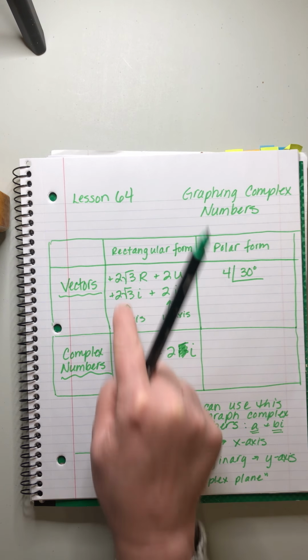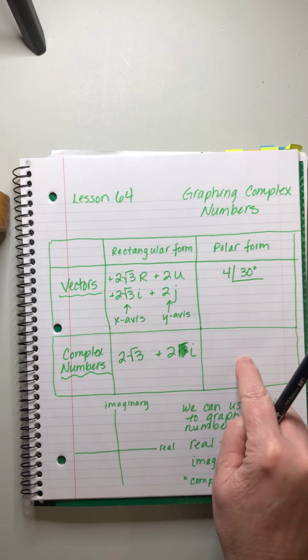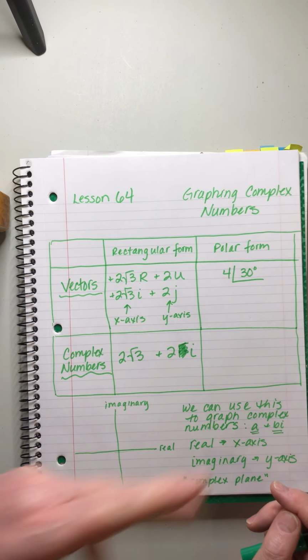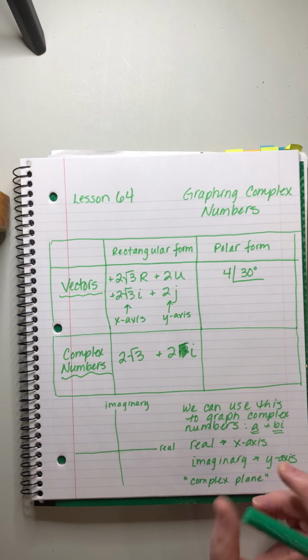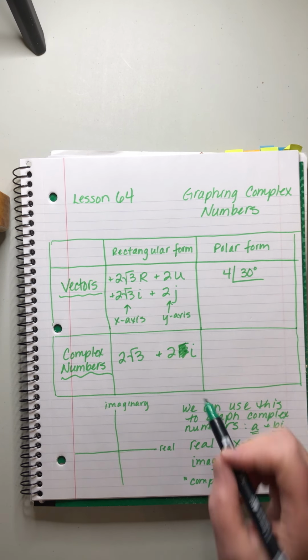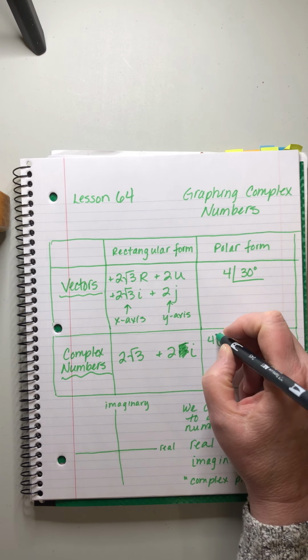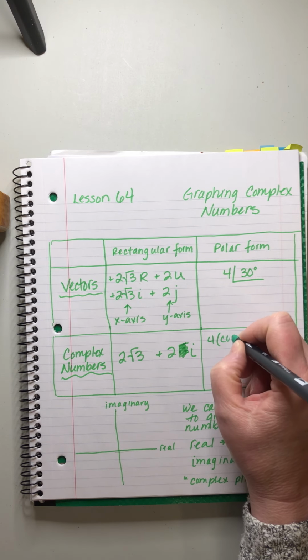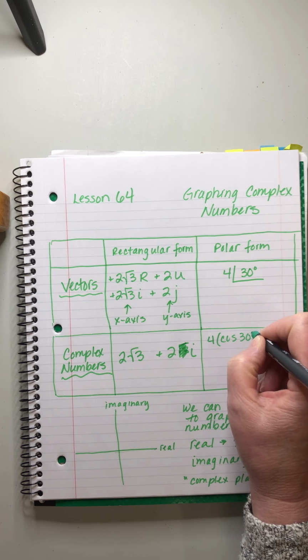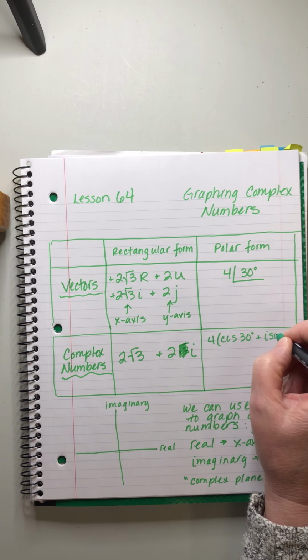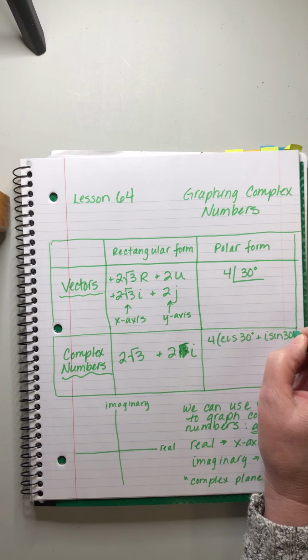Even though this is so close, they didn't even have two different ways for the polar form. So this is what mathematicians came up with. They said that you would graph it as 4 times the cosine of 30 plus I times the sine of 30.